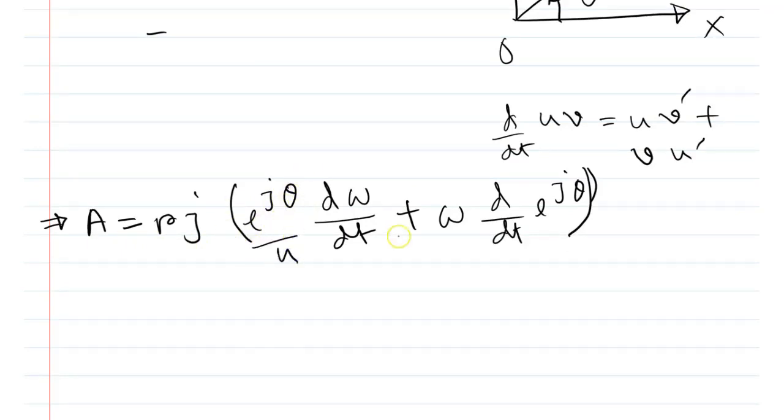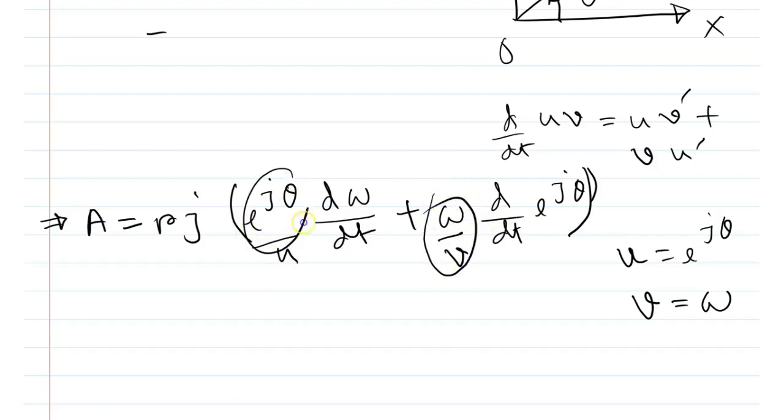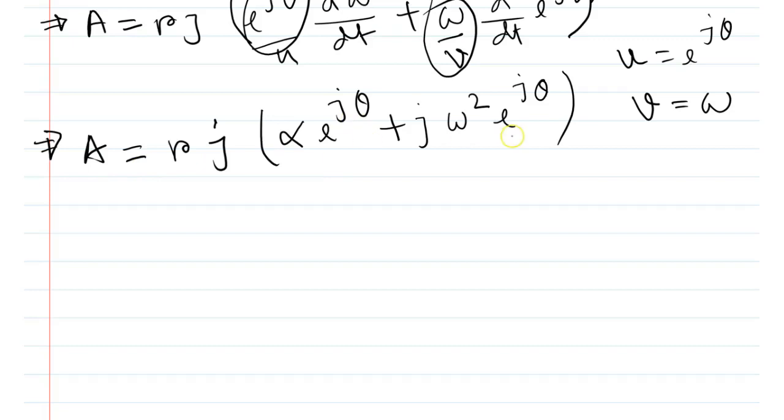Here our u would be e^(j theta) and v is omega. So the first time we differentiate v or omega with respect to time, and the second time we differentiate e^(j theta) or u with respect to time, and each time we keep the other as a constant. After that the equation becomes this.